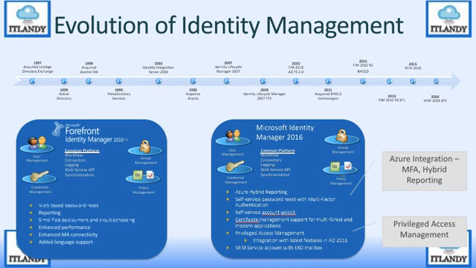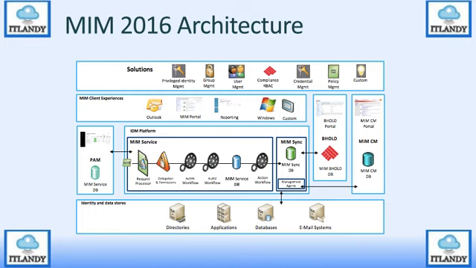Moving next to the architecture, this is how the MIM architecture looks. We have the identity and data stores, which are the directories, applications, databases, SQL, and email systems. And then we have the MAs, the management agents.